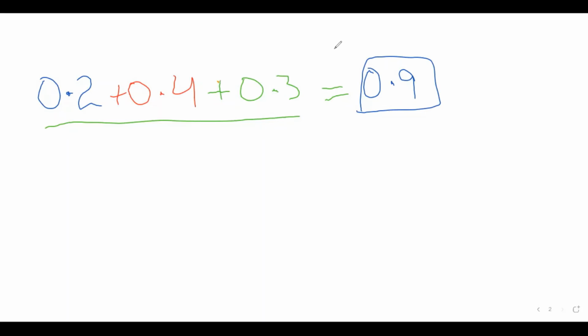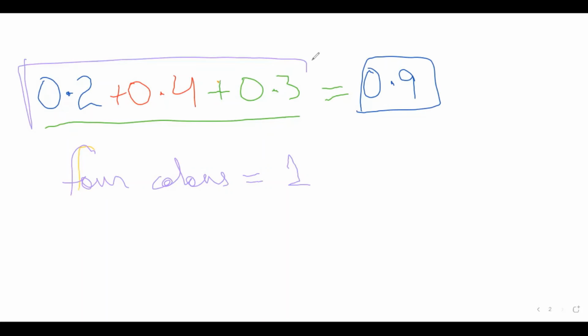For all 4 colors, the probability must be 1. And we know the probability of 3 colors, which is 0.9.